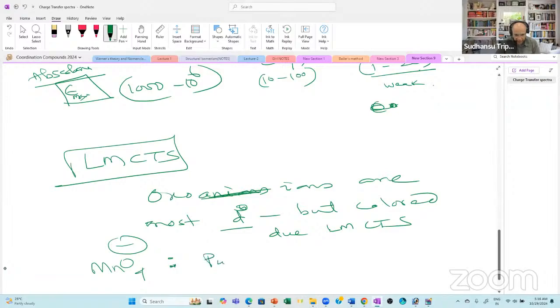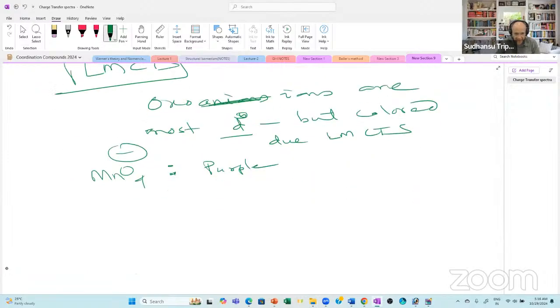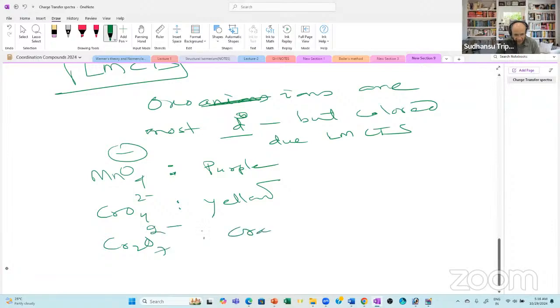This is purple. Chromate is yellow. Dichromate is orange. Can give you some more.